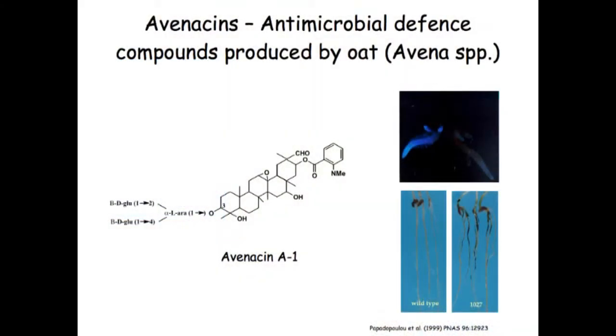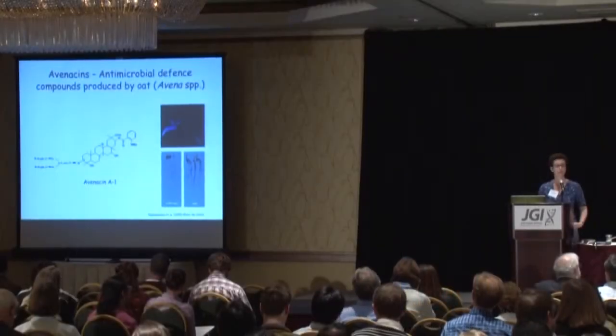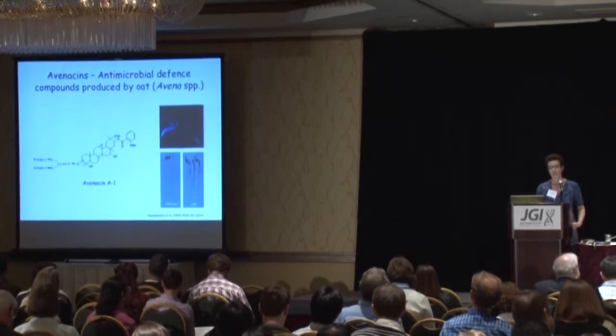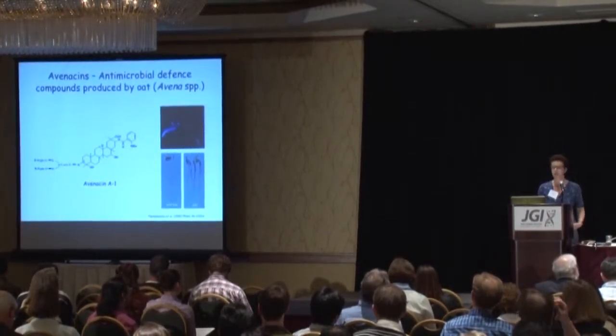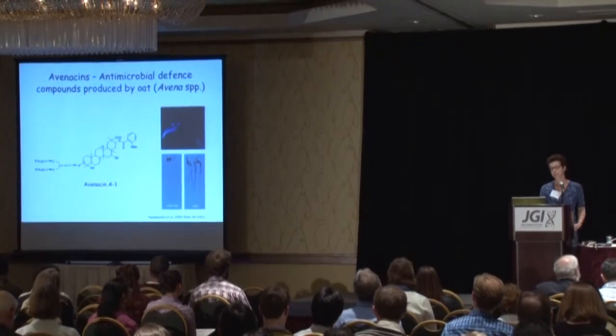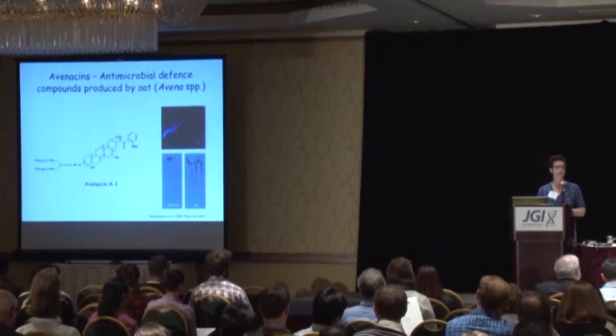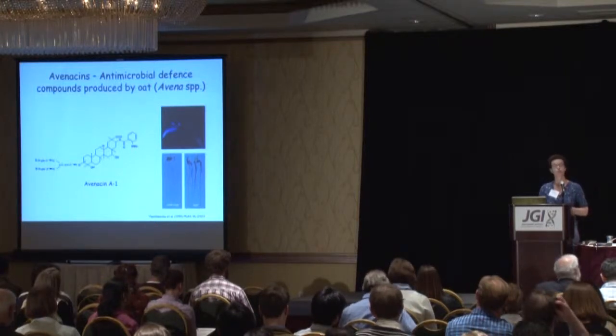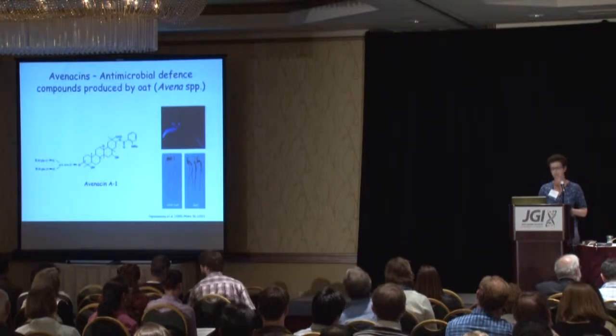So I ended up in this area via a rather strange indirect route, which was that I really like this fluorescent blue molecule that's produced by oat. It's produced in the roots, it's a triterpene glycoside, it's antimicrobial, it fluoresces bright blue. And I became interested in it because in the 1940s, a lady in Oxford called Elizabeth Turner had suggested that this molecule might protect oats against attack by soil pathogens.